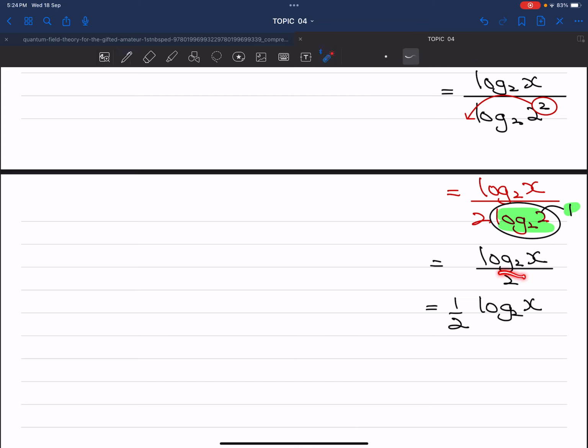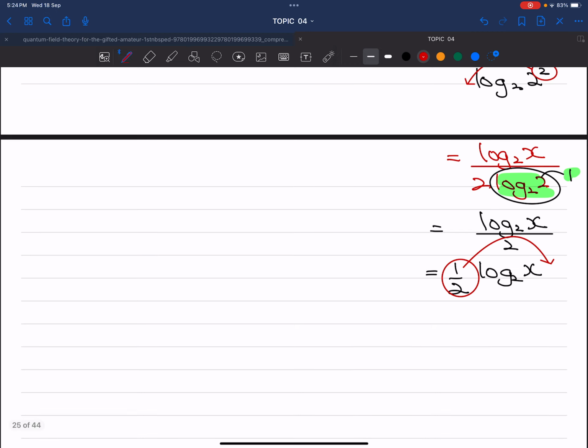So divide by 2 is the same as times 1 over 2. And we have already learned the multiply can go up and become power. So finally, this would be log x power half base 2.